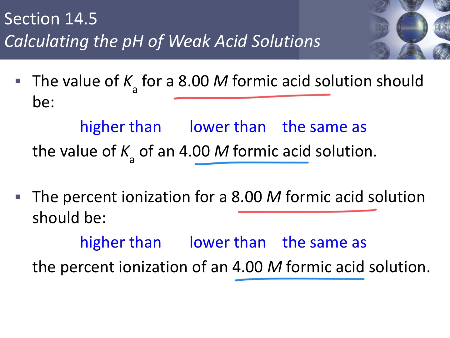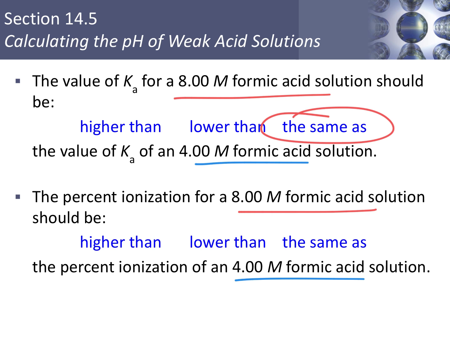As long as the temperature doesn't change, the equilibrium constant or acid dissociation constant shouldn't change. So if we have two different concentrations of the same acid at the same temperature, those Ka values should be the same.